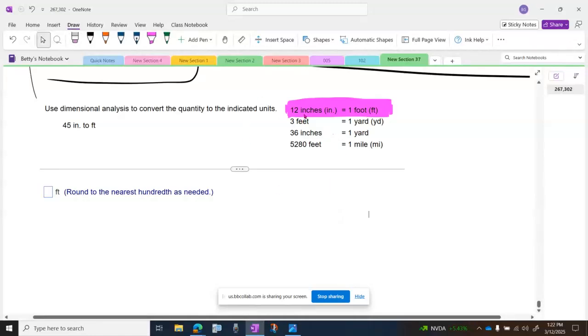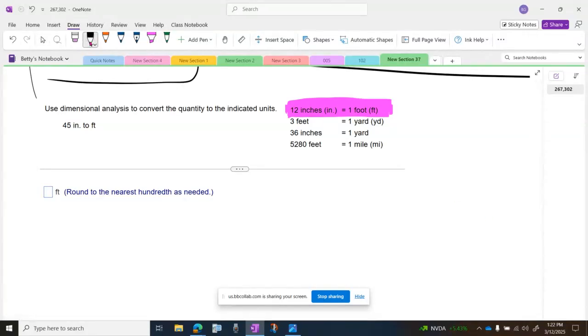That's why the number in front of inch, 12, is bigger than the number in front of foot, which is 1. From the formula that is given, we can conclude, those 2 units are common units, but the method I'm teaching you also applies to units you are not familiar with.